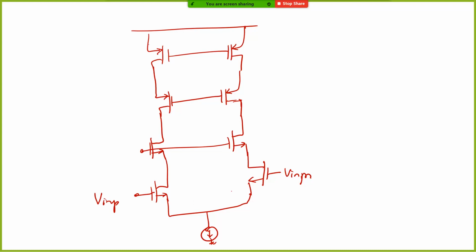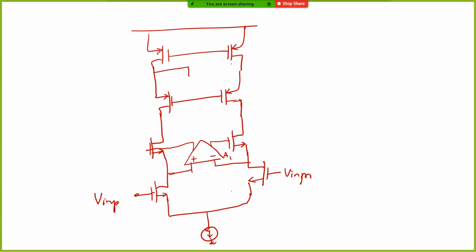Now, in order to make this cascode a regulated cascode, because it's a differential signal, you can always take a differential amplifier here and take this and give it as your output. Say this is plus minus, this is amplifier A1.